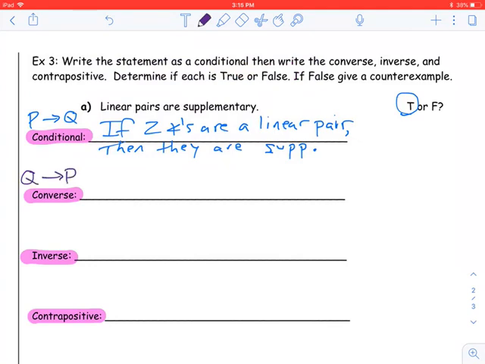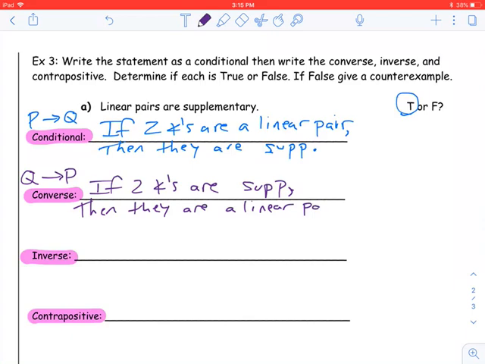Converse, you switch it. So if two angles are supplementary this time, then they are a linear pair. Now, we've talked about this before.